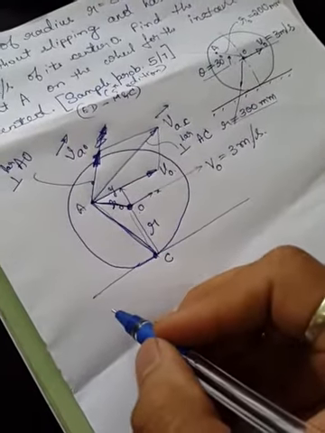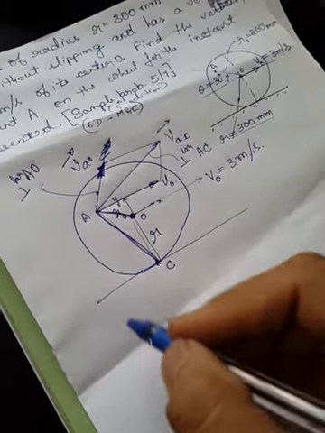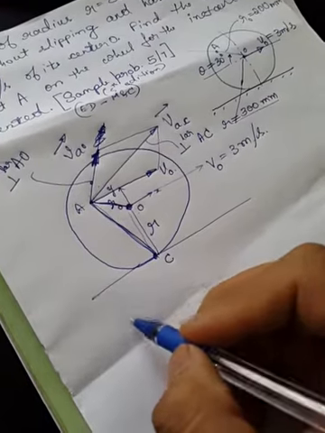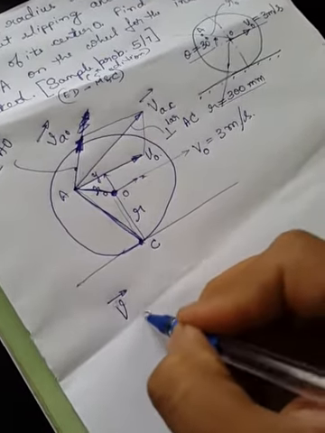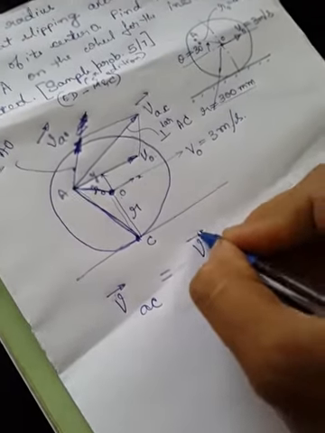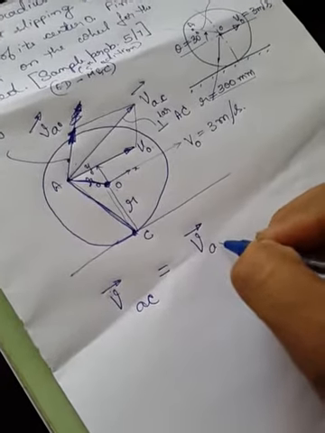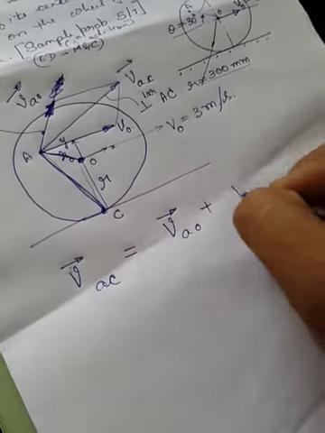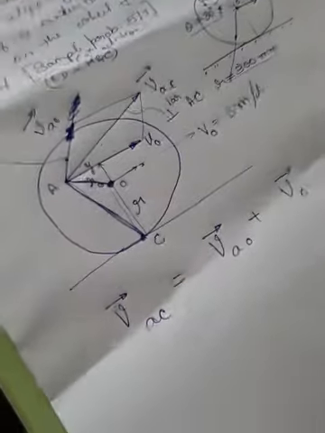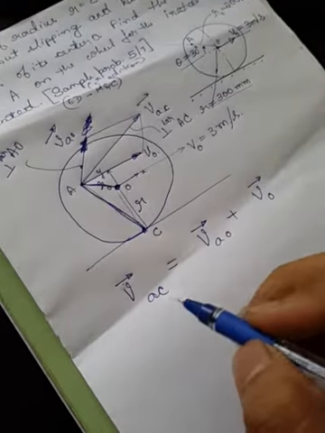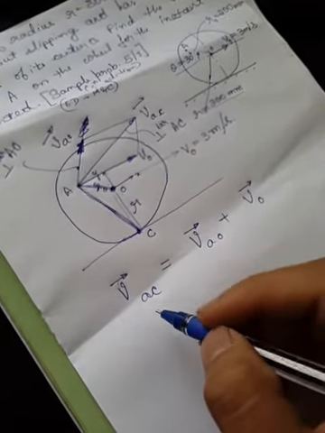The vector equation for this case is velocity vector AC equals vector AO plus vector V0, correct? So this is my velocity vector equation.